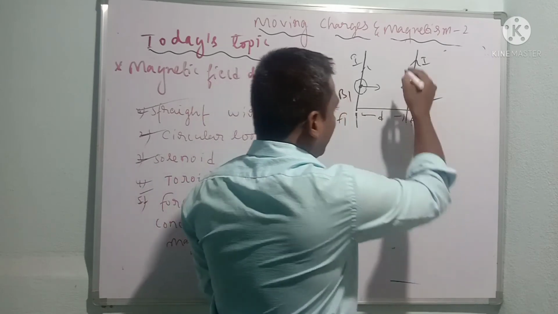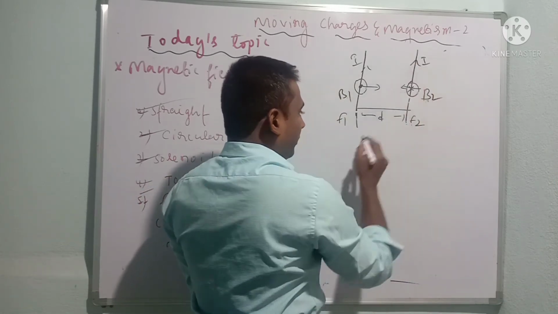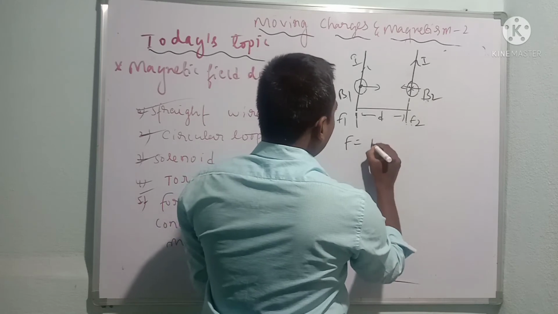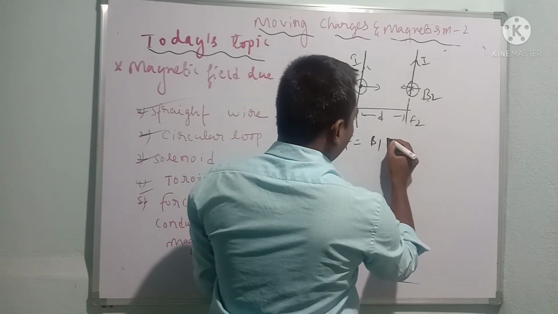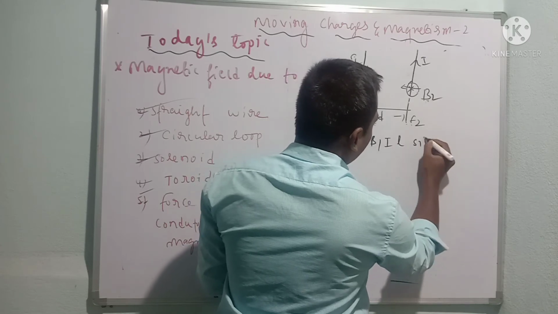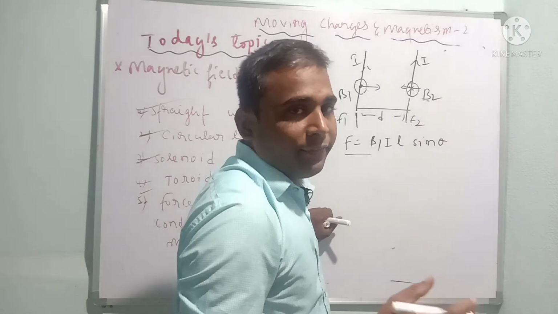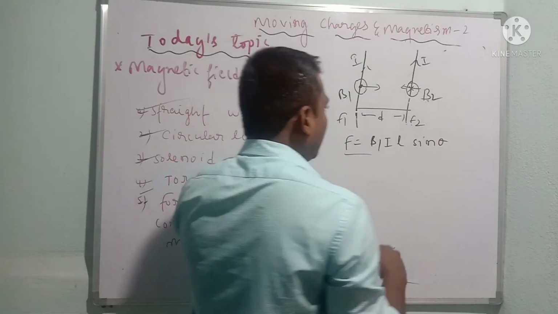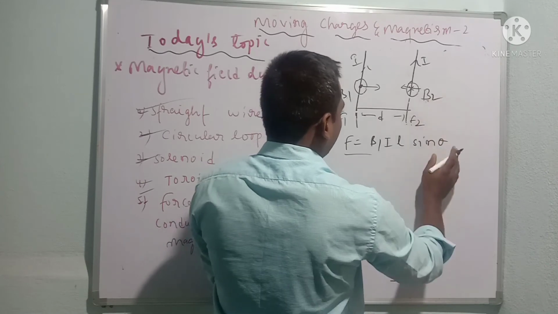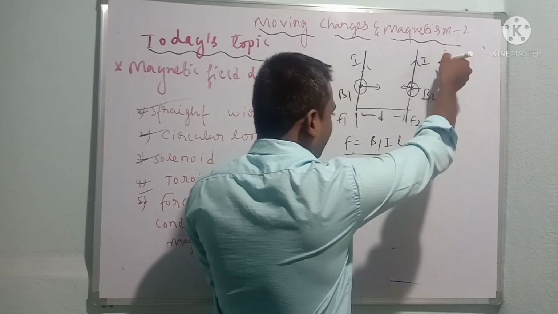We know the force on a current carrying conductor is given by F = B1 I L sin theta. This is what we just derived, F = BIL sin theta. Now the amount of magnetic field we should get, this is the formula for the force acting on this.